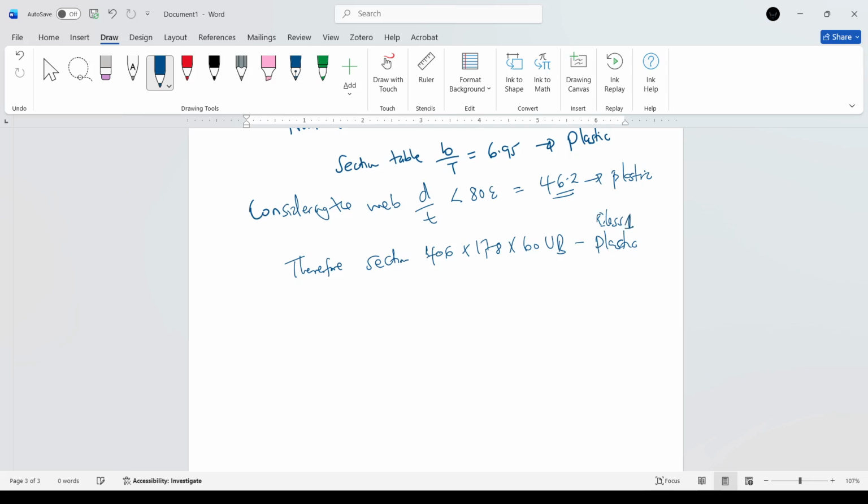Class 1 plastic. You can see it from this table. The first section is class 1, and so on.